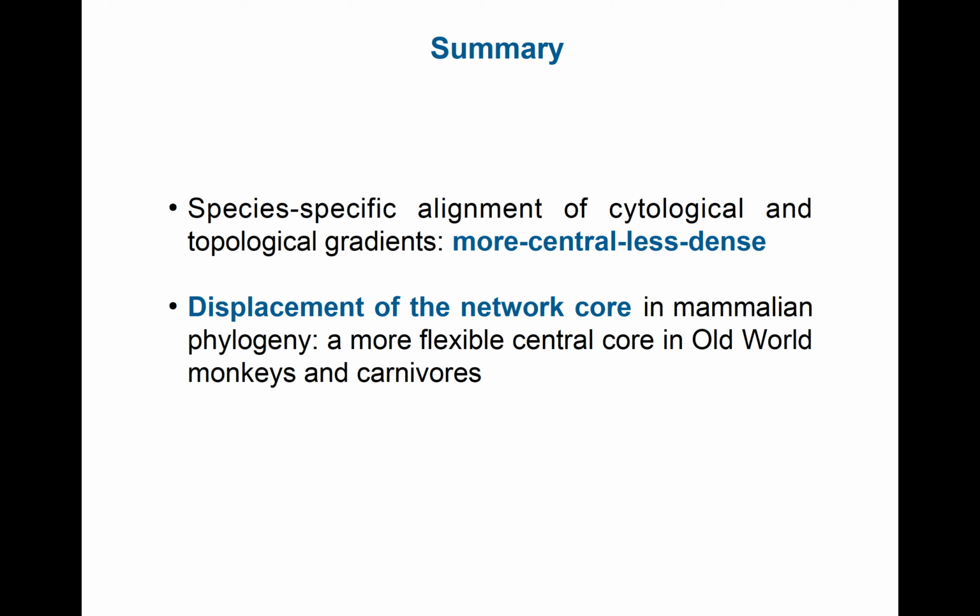This displacement of the network core in the mammalian spectrum indicates that both monkeys and carnivores may exhibit a network core, that is, heavily interconnected areas, that also encompasses the more flexible parts of their cerebral cortex. And this might have implications for flexibility and adaptability into a niche, for instance.